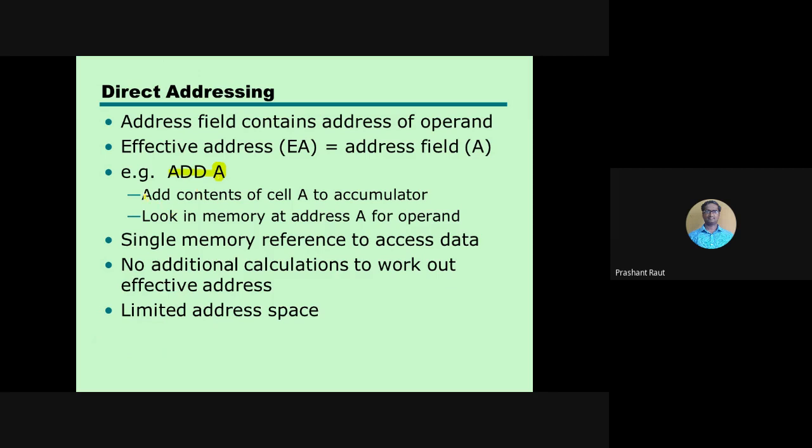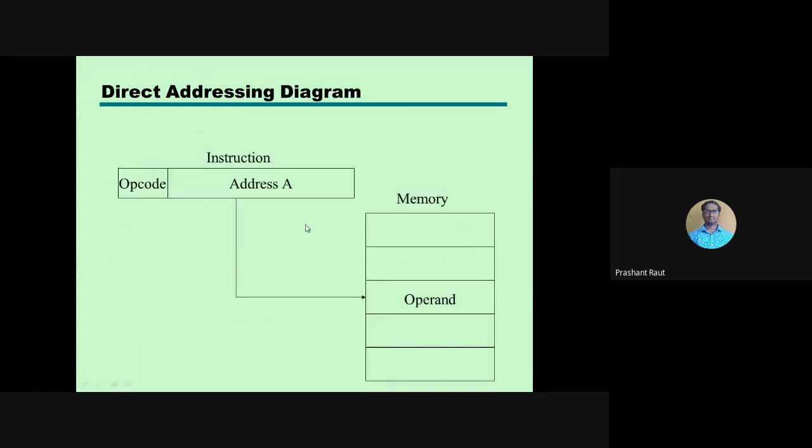So see here, add contents of cell A to accumulator. What is cell A? Cell A is nothing but the address of an operand. Diagrammatically it will be more clear. Just see here. So opcode and then address A. Now I will navigate to address A, and address A points to some memory location where the operand is stored.